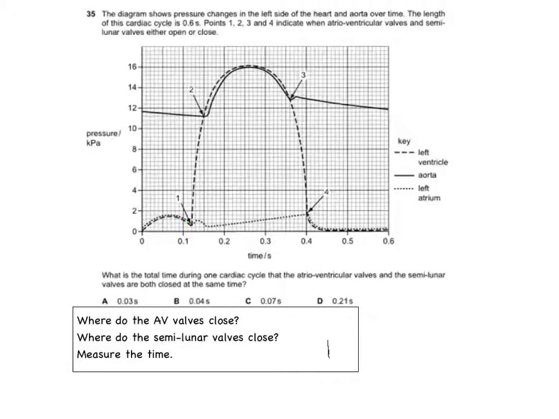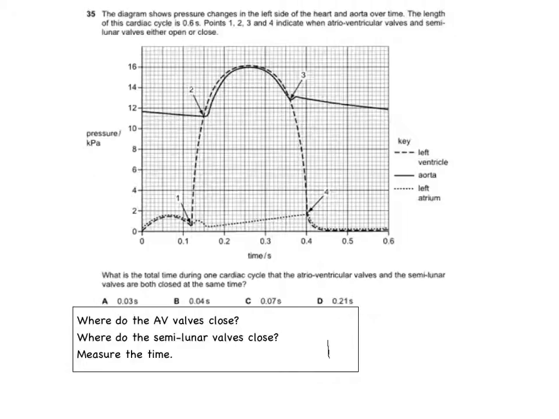Now the semilunar valve is the one between the ventricle and the aorta. So the semilunar valve is closed all the time that the pressure in the aorta is higher than the pressure in the ventricle. So it's closed all the way up here, and it's also closed between 3 and 4. Now 4 is the point at which the AV valve opens again.